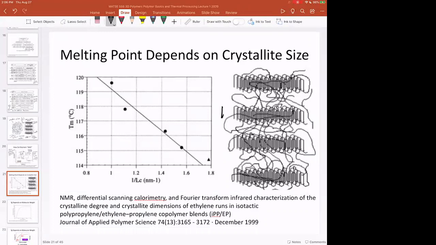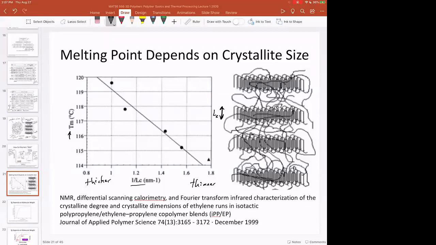So as we change this LC right here, so that's the lamellar thickness or the thickness of the crystal, you see that the TM changes. So this is thicker crystals, because this is 1 over LC, this is thinner. So this makes sense. Smaller stuff melts at a lower temperature, and larger stuff melts at a higher temperature.